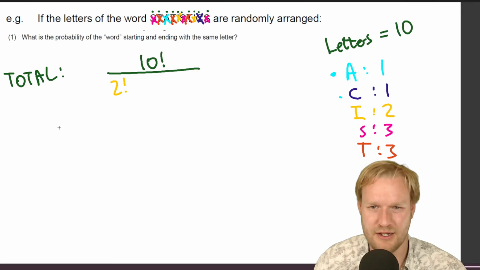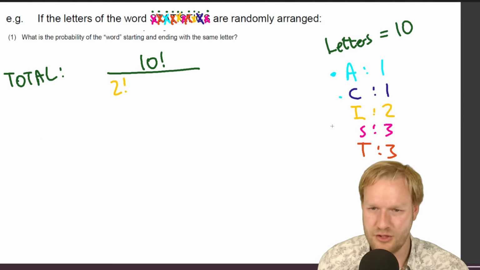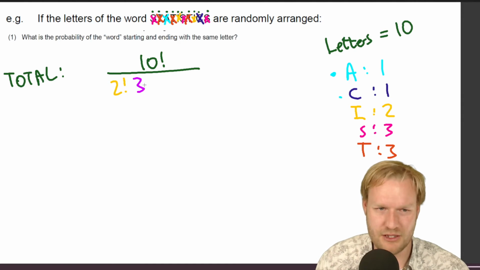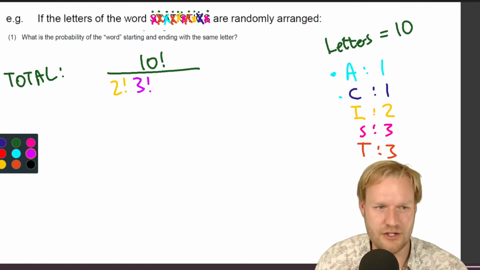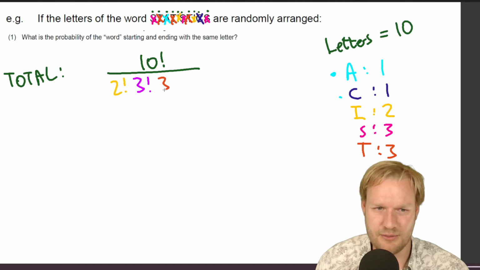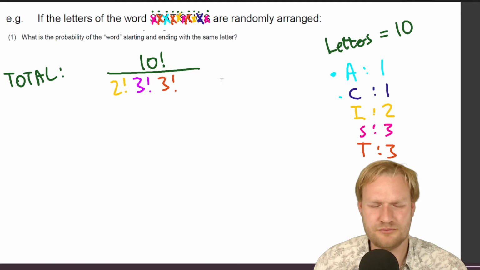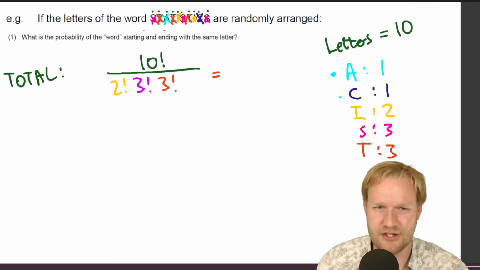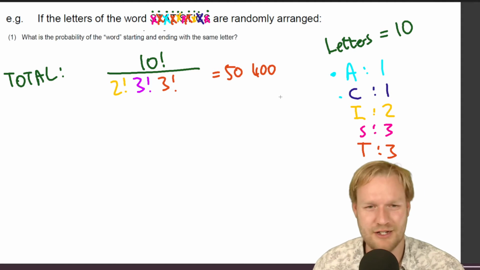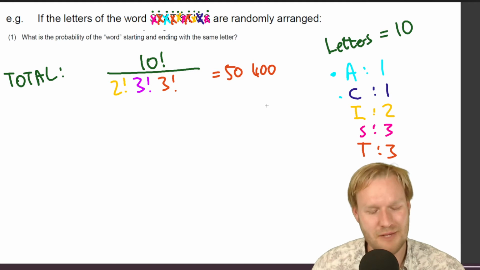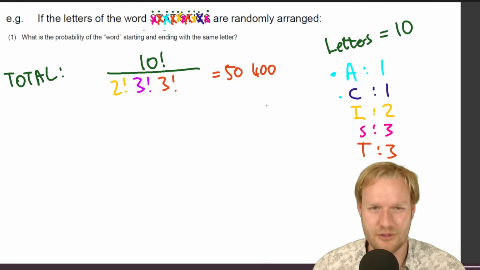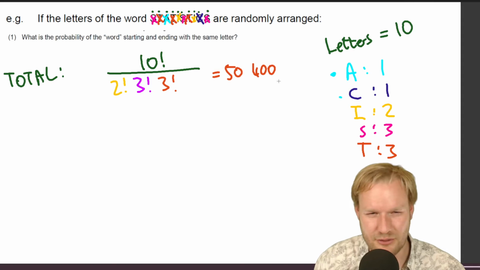Then we've got 3 S's, so we multiply by 3 factorial. And finally, 3 factorial for the T's. And we're dividing by those. Into the calculator it goes. Perhaps or perhaps not, you wrote 50,400 earlier. More importantly, hopefully you understand this a little bit better.